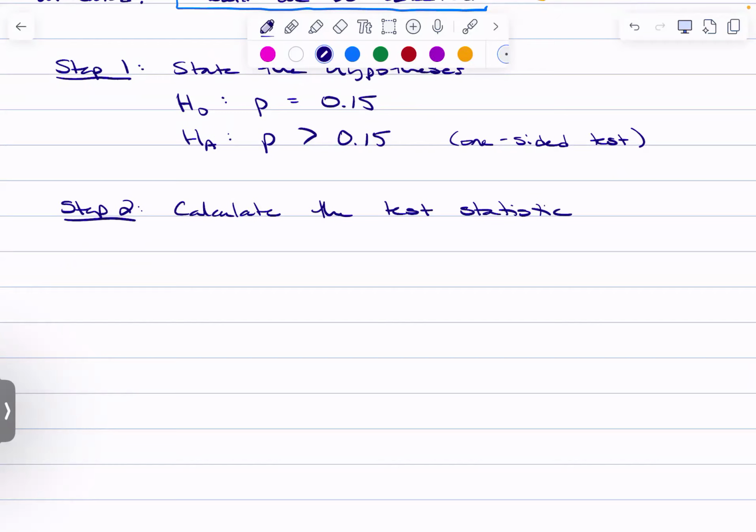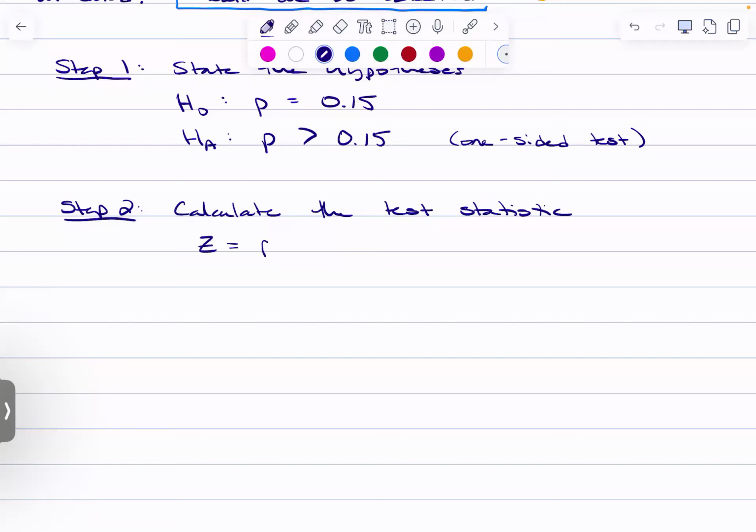Now the test statistic is that Z score in this case, right? How many standard errors is my P hat from my P naught? So that's going to be my test statistic.